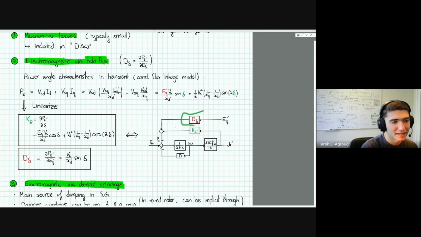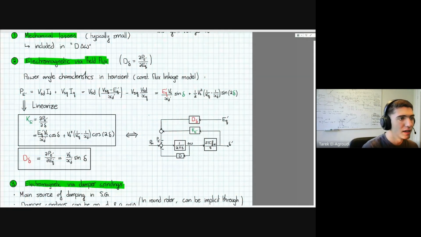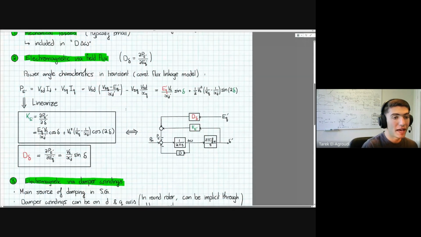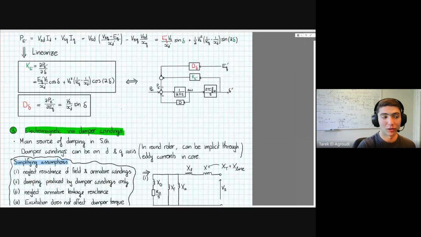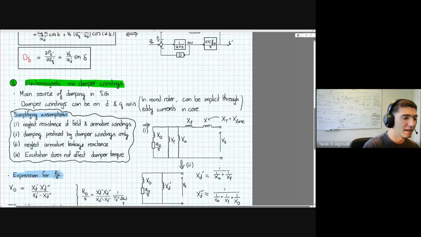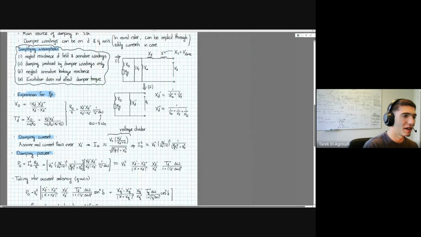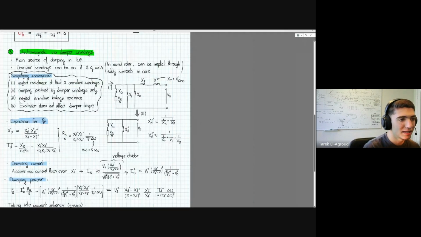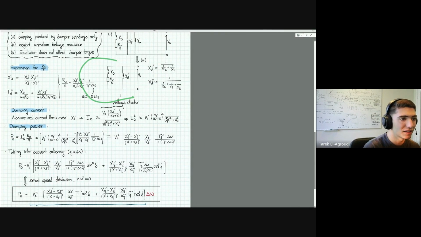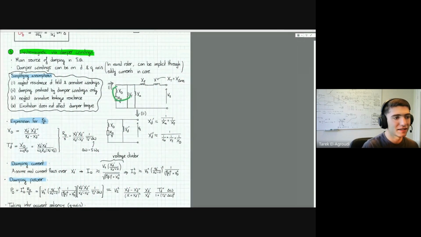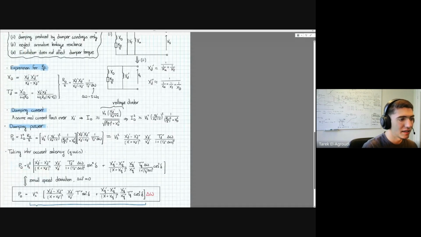And then this term in the top here can be viewed as some sort of damping as well. But the main damping is the damper windings. Here's a long derivation, but basically by using these subtransient reactances, so that you use the reactance in the d-axis, damper windings, etc., you find some resistance equivalent, and then you know that your power is just your current squared times your resistance.